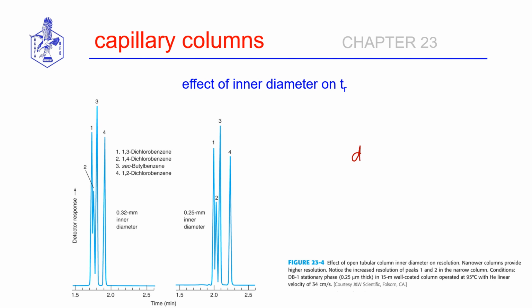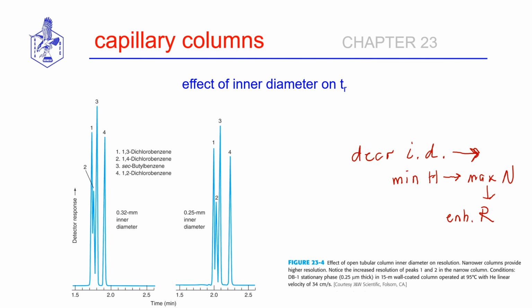As we decrease the inner diameter of the column, that tends to cut down on the options of partitioning, and therefore it tends to minimize the bandwidth. And if it's minimizing the bandwidth, it's maximizing the number of theoretical plates, which is going to give you enhanced resolution.